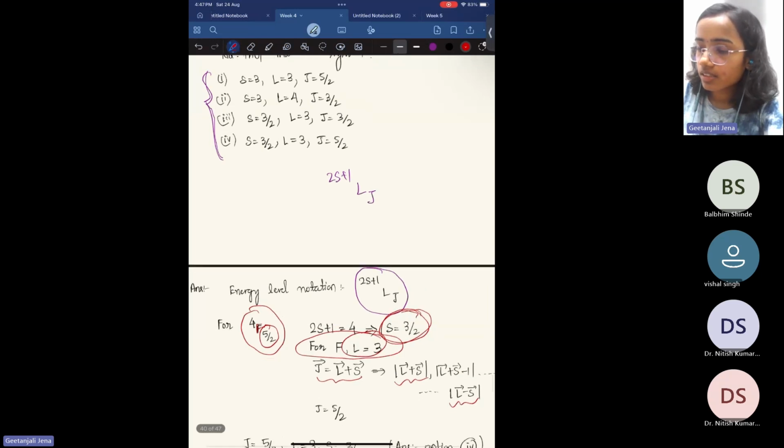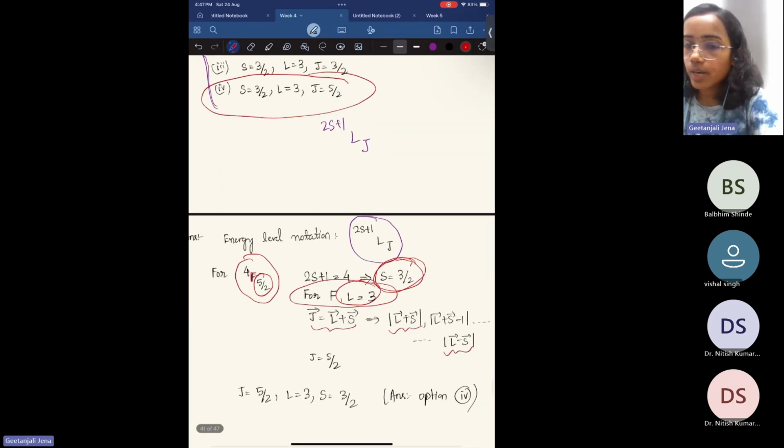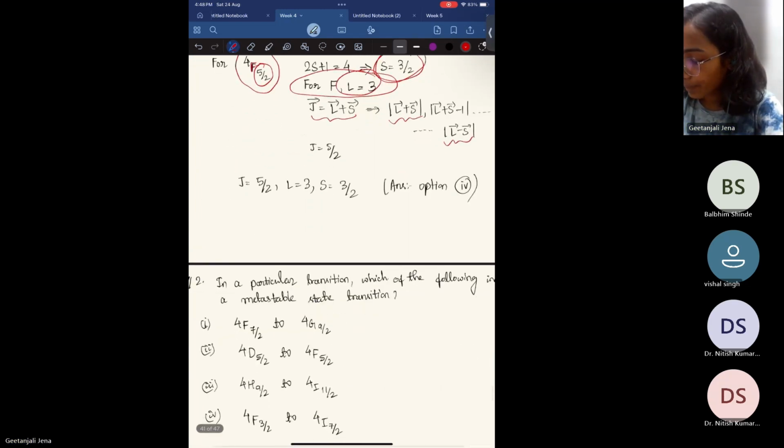So the correct option is option 4, which is S equal to 3/2, L equal to 3, and J equal to 5/2. Please remember how the energy levels are described in terms of the angular momentum quantum numbers, 2S plus 1, L, J. Okay, let us move to the next problem.